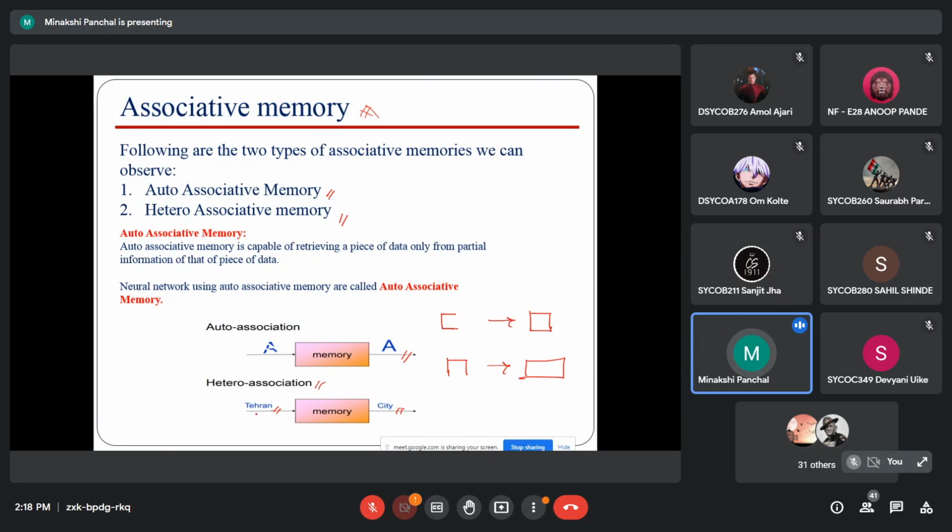So you give input as an image of a sparrow which is damaged, and it gives you the category of that sparrow, which is nothing but a bird.